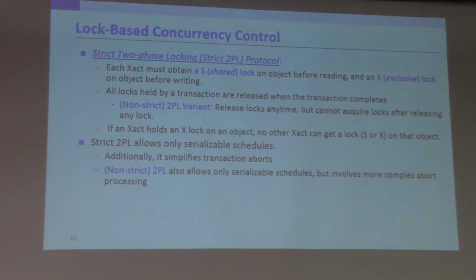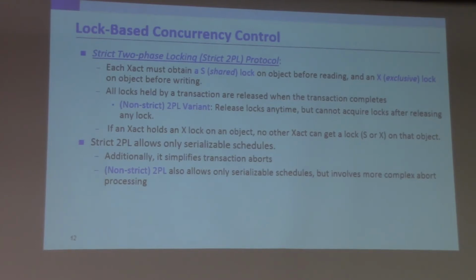In particular, you can start releasing locks if, that's a big if, you know you're not going to acquire any new locks. Not necessarily just another lock on the same object, but any lock on any object. If you know you're not going to acquire any lock on any object, you are allowed to release any existing locks you hold.